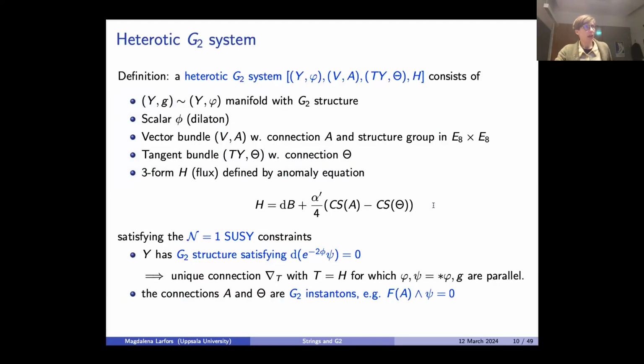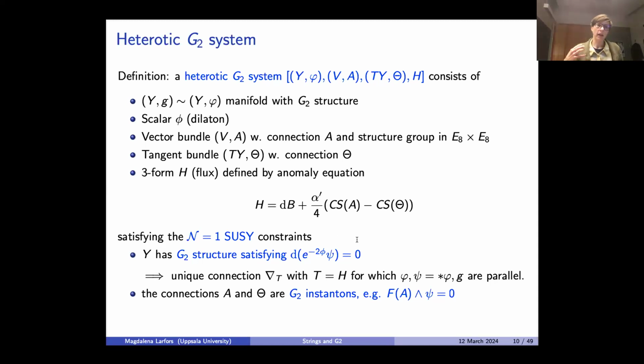So if we now have a heterotic G2 system, I now want to specify the geometry that underlies these heterotic constructions with this manifold with the G2 structure. I have the vector bundles, the gauge bundle and the tangent bundle with their two connections, and I have the flux H plus the dilaton. Then this will give us a heterotic G2 system, and it will satisfy N equals 1 supersymmetry.